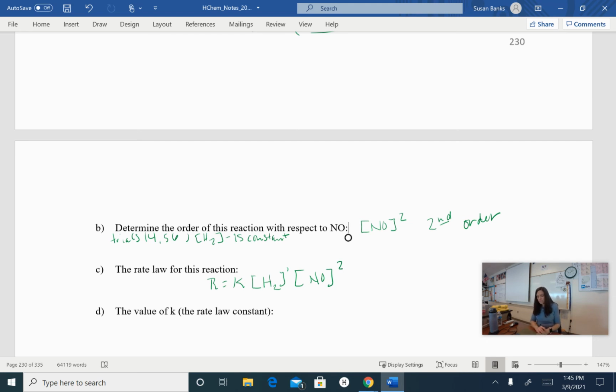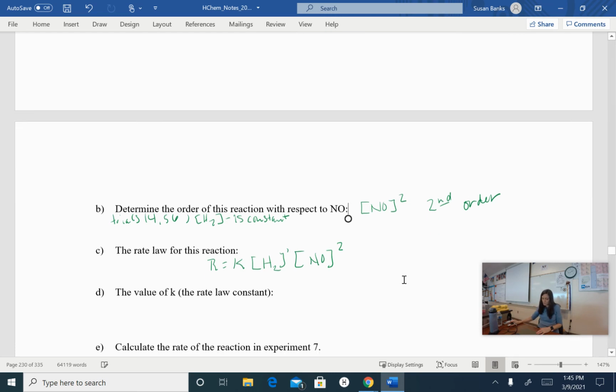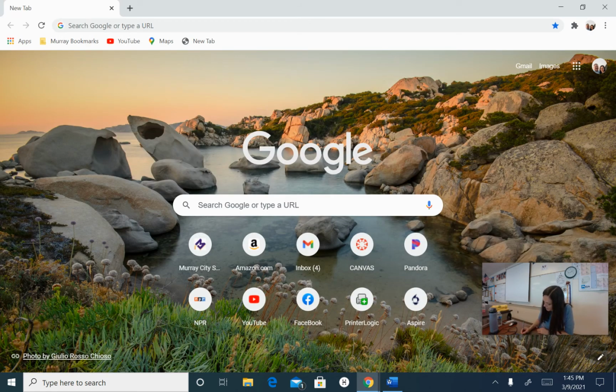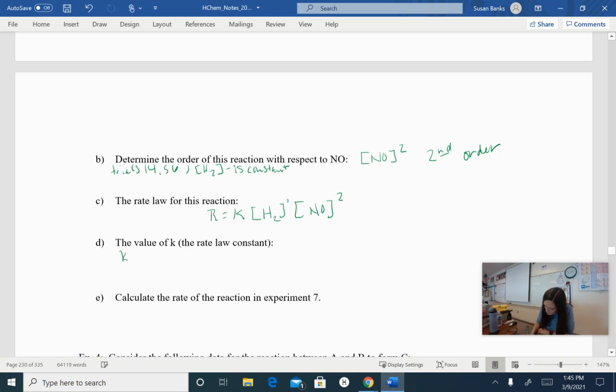Now we need to determine K. So if I want to determine K, let's isolate K. K is going to be our rate divided by our concentration of hydrogen, also divided by our concentration of nitrogen monoxide squared.